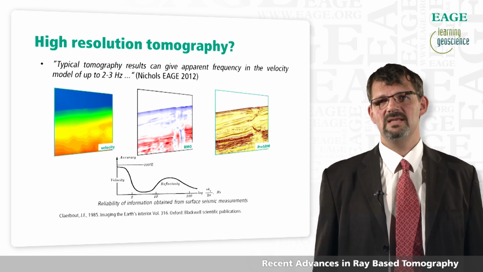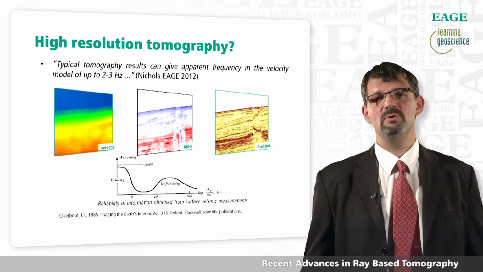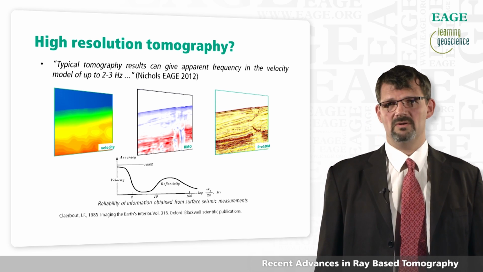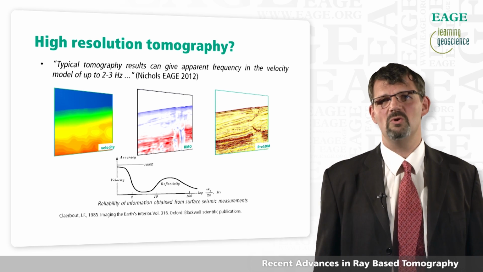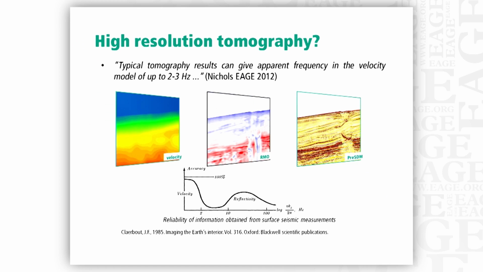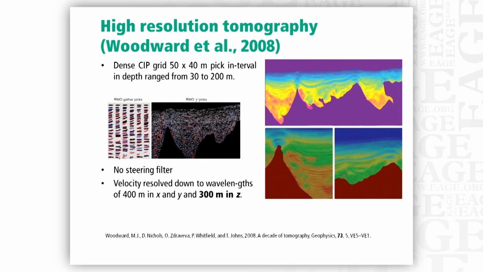So far, it appears that nothing was really published to show that it was possible to use this information to update the velocity model within the mid-frequency gap. I will show several publications that show that it is possible. First, this one by Martha Woodward, the same as at the beginning.